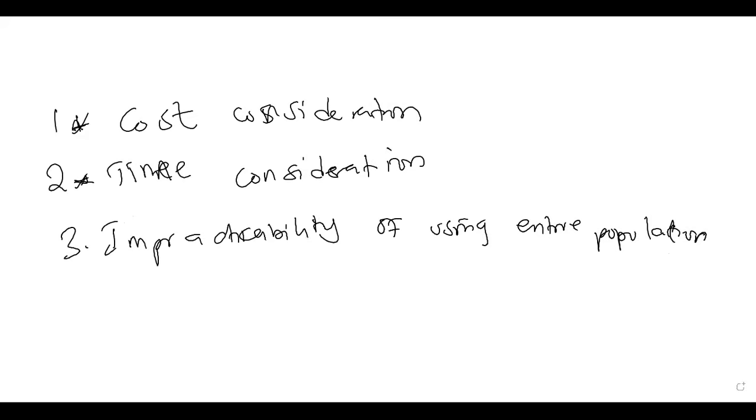For instance, if I'm doing research on school of business students and I have to collect data from them using a questionnaire, it is very unlikely that I'll be able to reach all of them. When I go to classrooms, maybe some people didn't come for class that day. Some people have even left campus because they have to attend to something at home. So sometimes it is just not practicable to use the entire population. These are some of the reasons why we sample.